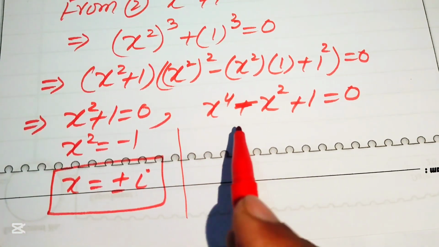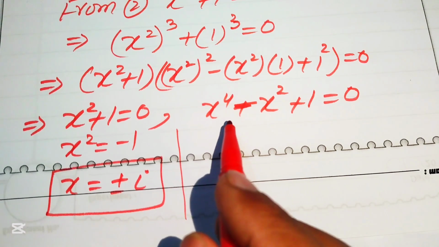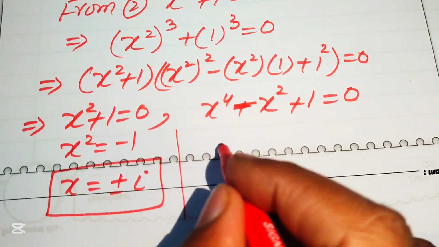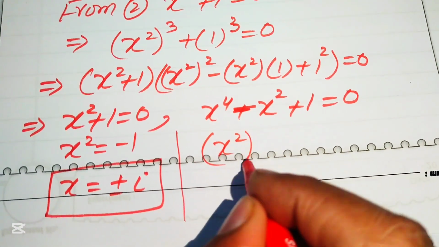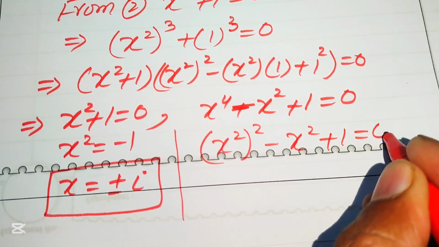And now we need to simplify this equation. Here we again apply the quadratic formula, because this is quadratic in the x squared variable. We write this as x squared whole squared minus x squared plus 1 equals 0.